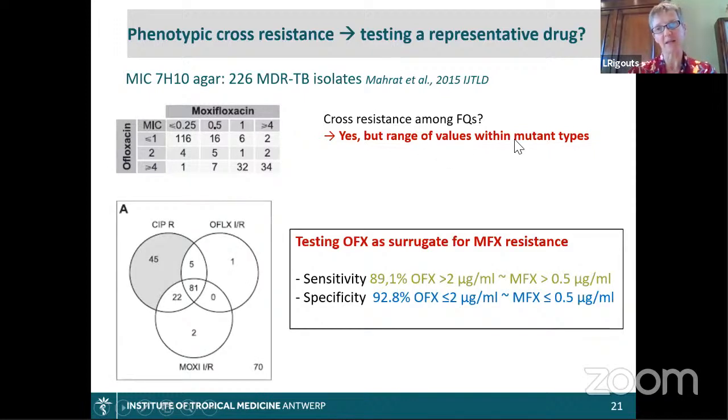And they only differ in the level of MIC, but there is cross-resistance. And they have shown that testing ofloxacin as a surrogate for moxifloxacin resistance gave a high sensitivity and specificity. So there is no need to test each single fluoroquinolone in your lab. You may also test just one of the class.